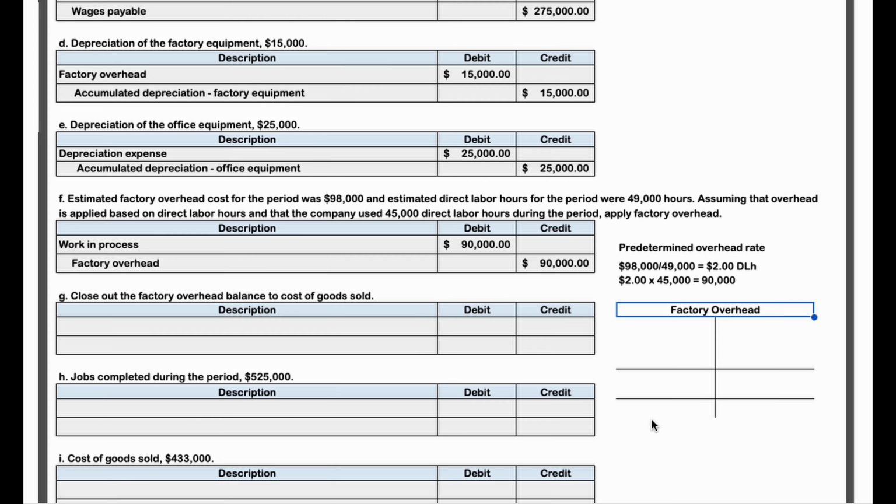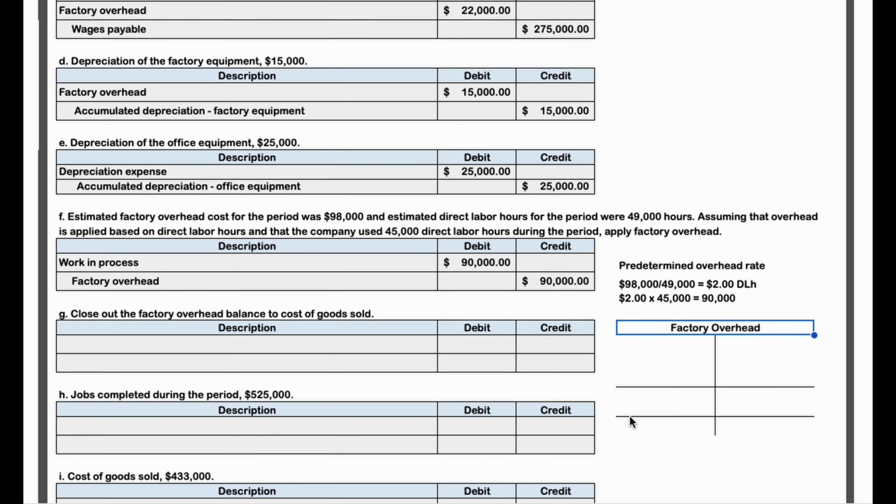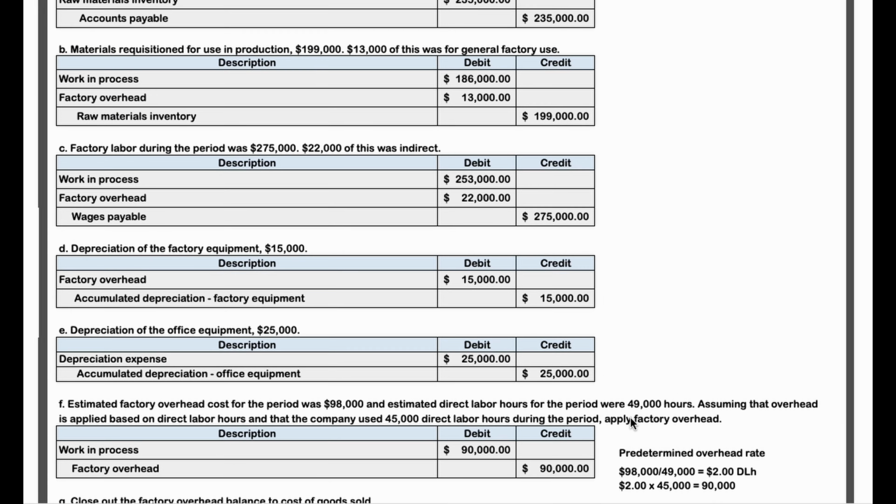So the final thing that we're going to do when we come to the end of the period is we're going to close out factory overhead. We need to make sure that at the end of this period, this bucket is completely empty. So now let's see how much we put into this factory overhead bucket. We're going to go back to the journal entries we already did.